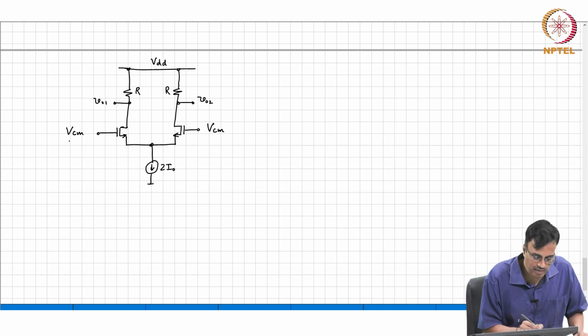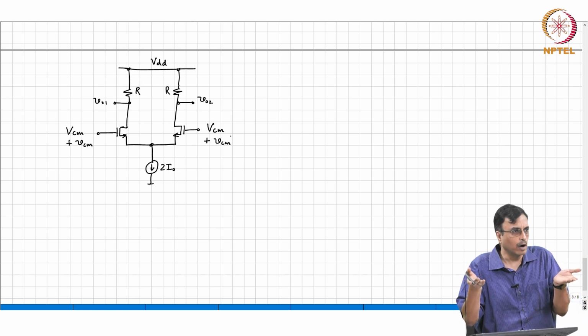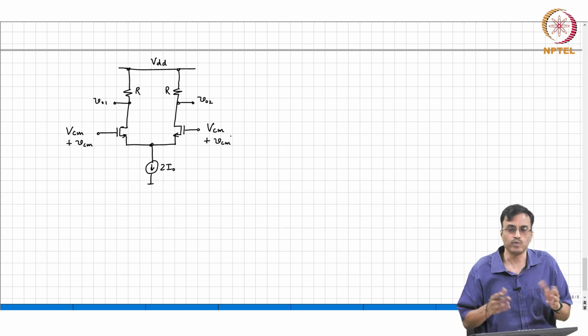Yeah. So, basically we apply a small change, we move both these sides up by the same amount, and check to see what VO1 and VO2 are. What should we find?